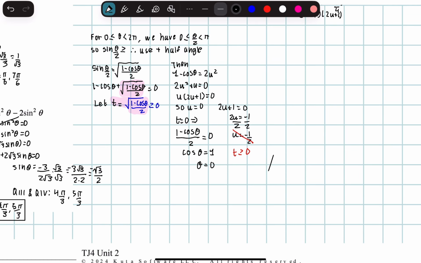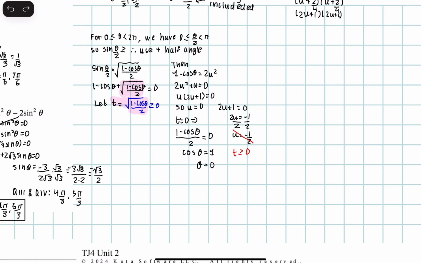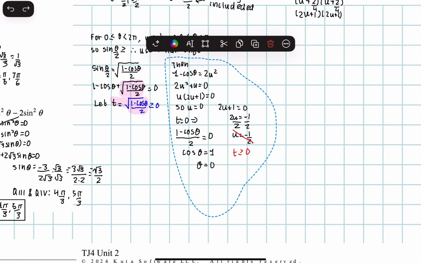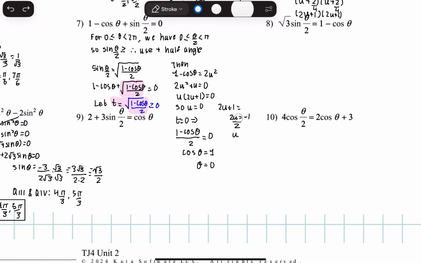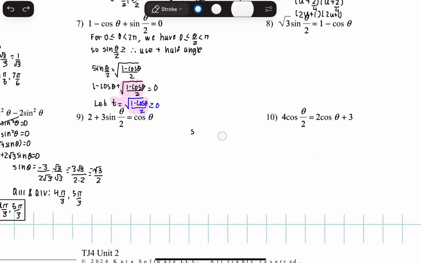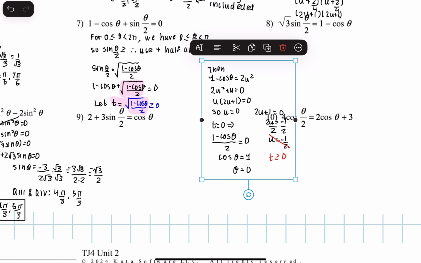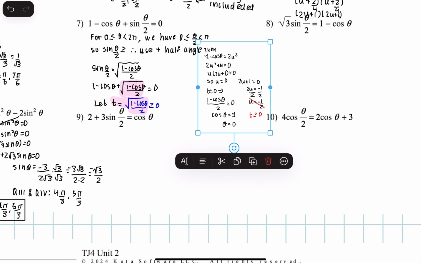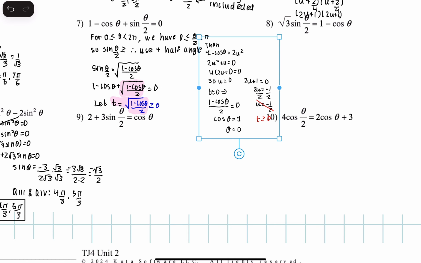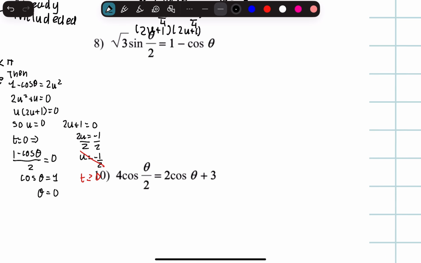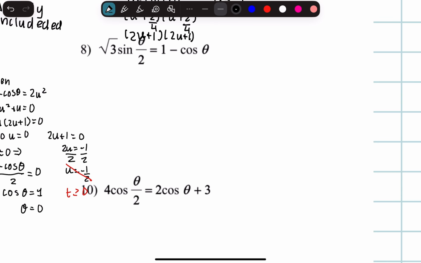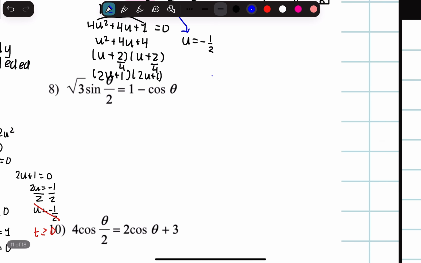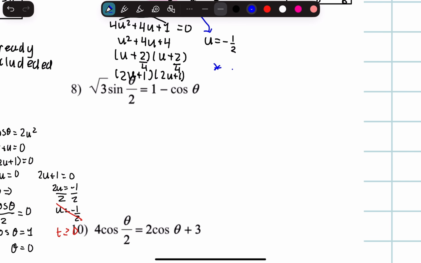I'm just going to move some of our work for this problem over. Okay, let's move on to question 8. For question 8, again, we have to use this identity, the sine of theta over 2.